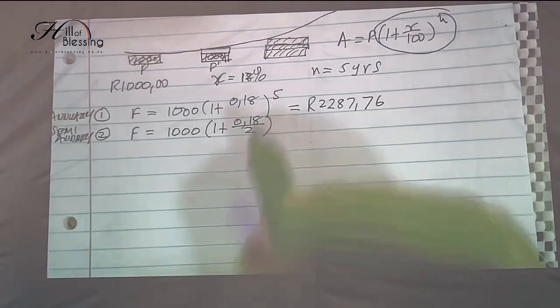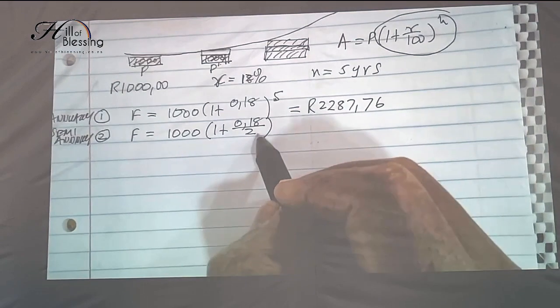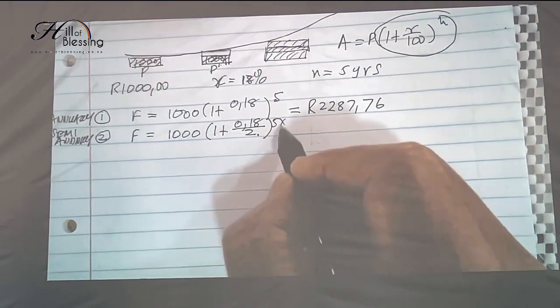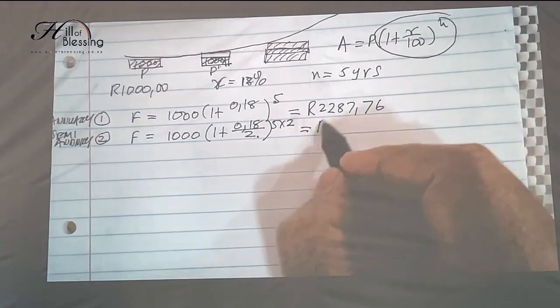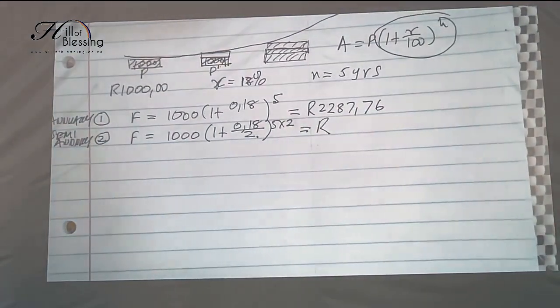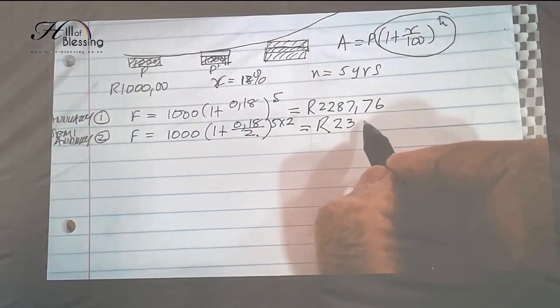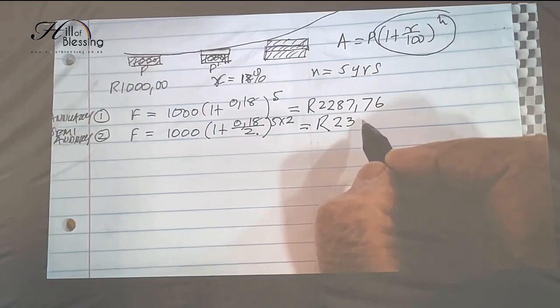Now that 5 represents 5 years, but if you're taking it biannually, twice in a year, this will become 5 times 2. So that is equal to, can somebody give me the answer now? 2,300 and? I didn't hear the 2, 3, give it to me.